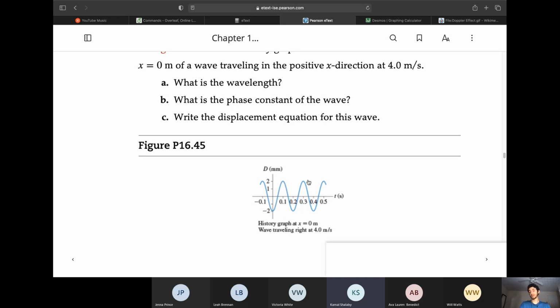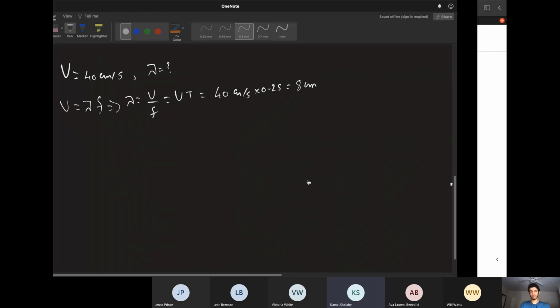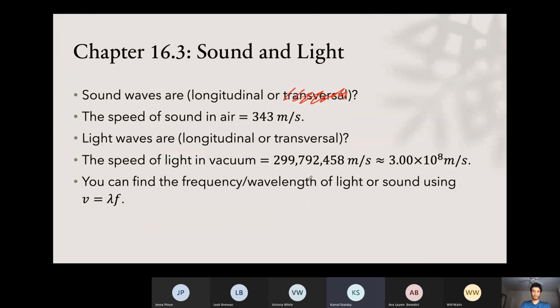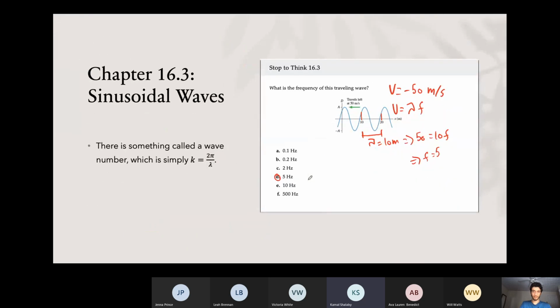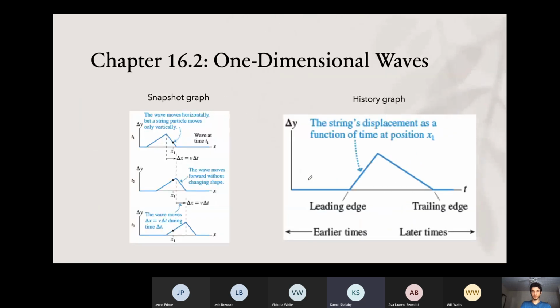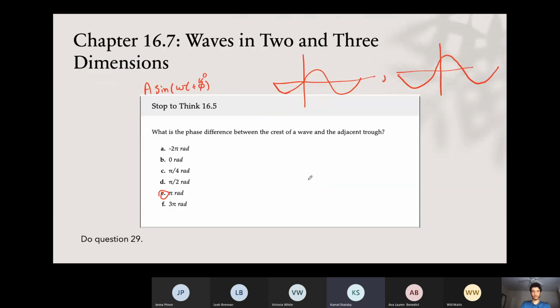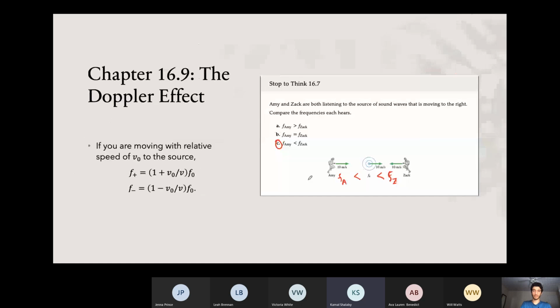Or it doesn't matter? Yeah, or it doesn't matter.